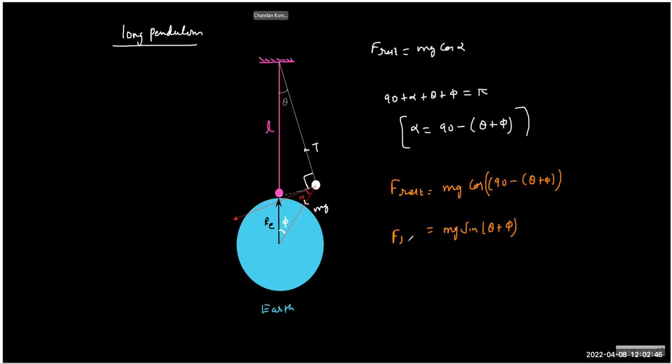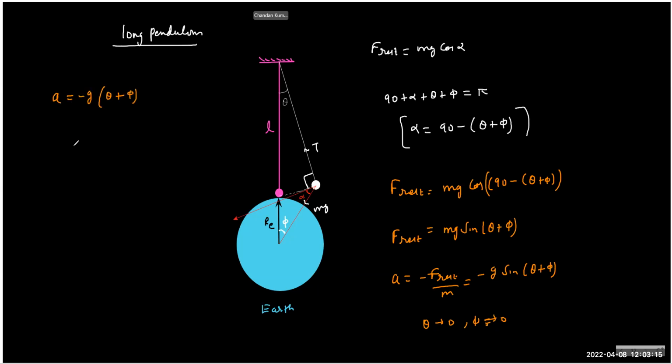For a small angle, the acceleration will be minus F restoring upon m, which gives minus g sin(theta plus phi). If theta is small, then phi will be equally small, not a big issue, and therefore a can be written as minus g (theta plus phi).